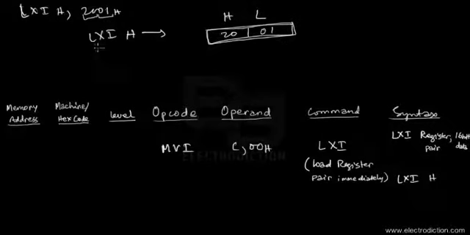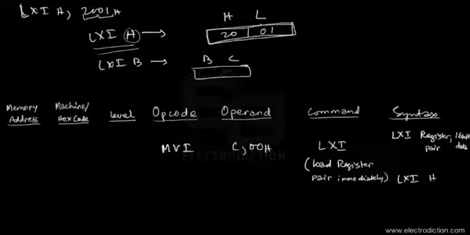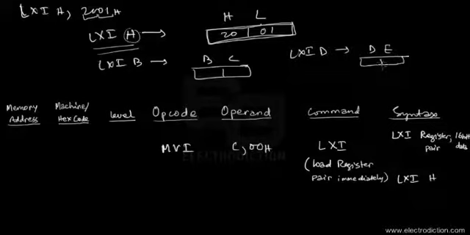This instruction takes 2 registers as a register pair and stores 16-bit data. If we write LXI H, this means the HL register pair. If we write LXI B, this would mean the BC register pair, and if we write LXI D, this would mean the DE register pair. So that's how you can use this particular statement.